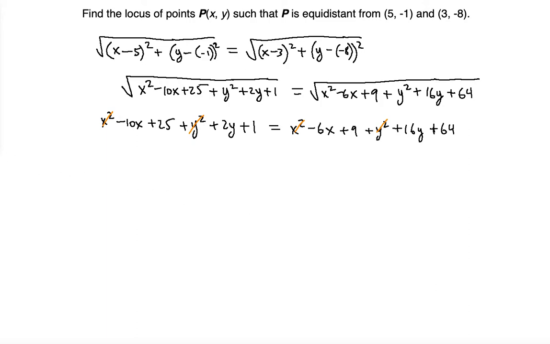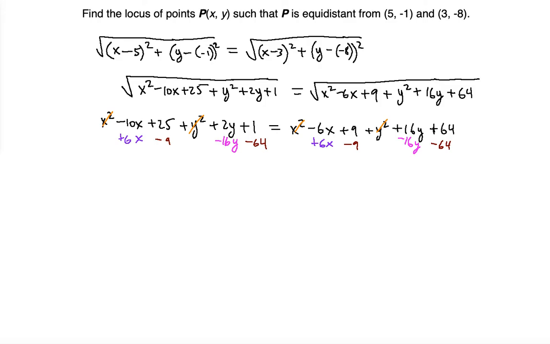And you want to add 6x on both sides, making sure that you see that these are like terms. You want to subtract 16y on both sides, placing them under the respective like term containing y to the first power. And then subtract 9 and subtract 64, right? Both of these are just constants.